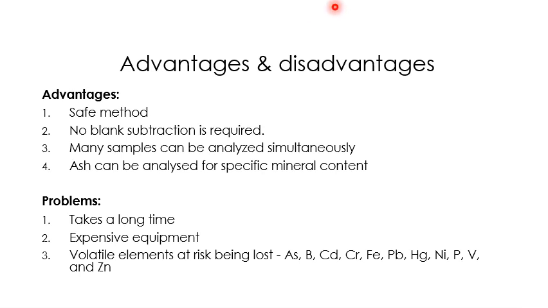In this particular technique, you don't have to perform blank subtraction, and you can analyze multiple samples simultaneously, and this ash can then be further analyzed for specific mineral content. But the problem with dry ashing is that it takes a long time and requires expensive equipment, and most of the volatile elements are at risk of being lost, such as zinc, nickel, mercury, and so on and so forth.